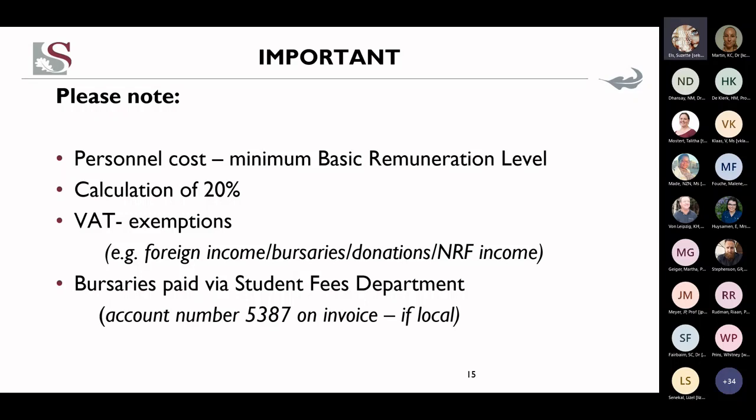And the moment you receive any funds into your cost center, the 20% will be automatically deducted, but you must then apply for the correction according to the approval that you have if the rate is different. So always remember to apply immediately for the correction of the ICRR when you receive the money if there was approval for another rate of indirect cost.